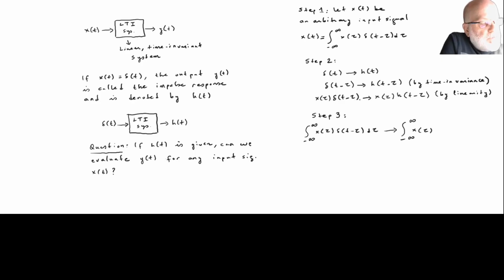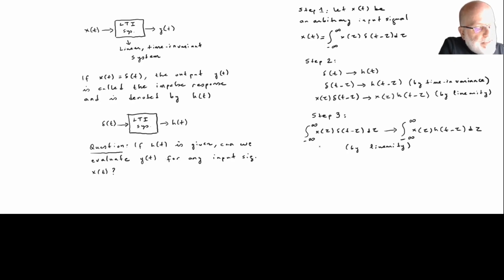X of tau delta of t minus tau gives us x of tau h of t minus tau. So x of tau h of t minus tau integrated with respect to tau. But you see that this is also by linearity. Why? Because integration is a superposition operation. It's a generalized form of summation, and therefore the condition of linearity applies in this case. So by linearity we have this result.